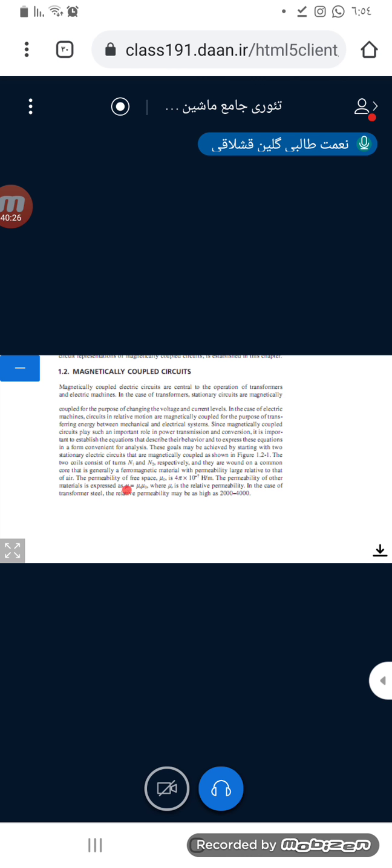Mu, the permeability, shows the magnetic property of materials compared with air or free space. For free space, mu zero is 4π times 10 to the power minus 7 Henry per meter.